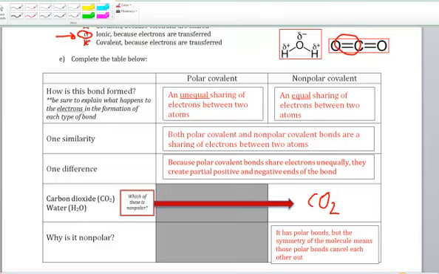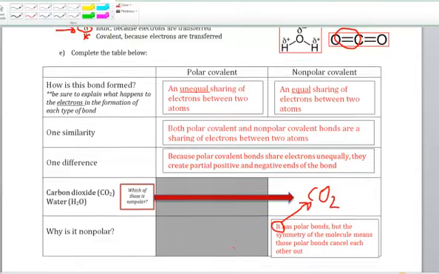Each oxygen pulls with equal strength on the carbon, and it's like a tug of war where the two people are exactly the same strength. They cancel each other out. So in writing, I would say CO2 has polar bonds, but the symmetry of the molecule means those polar bonds cancel each other out.